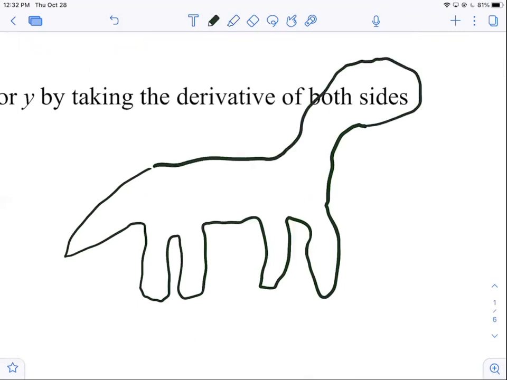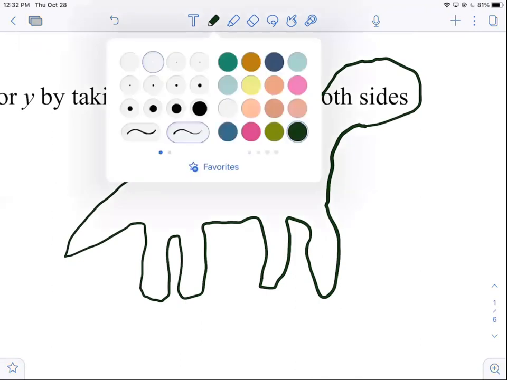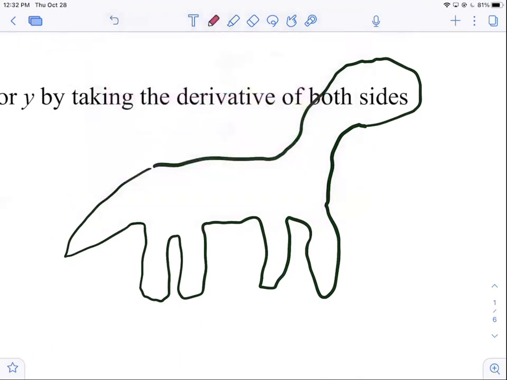That's my dinosaur. I don't know what the equation for this curve is, but what if I'm trying to find the slope of the tangent line right here at this value of x? Would I be able to know which one I'm looking at? No, because if you notice at this specific value of x, there's how many y values? 3.